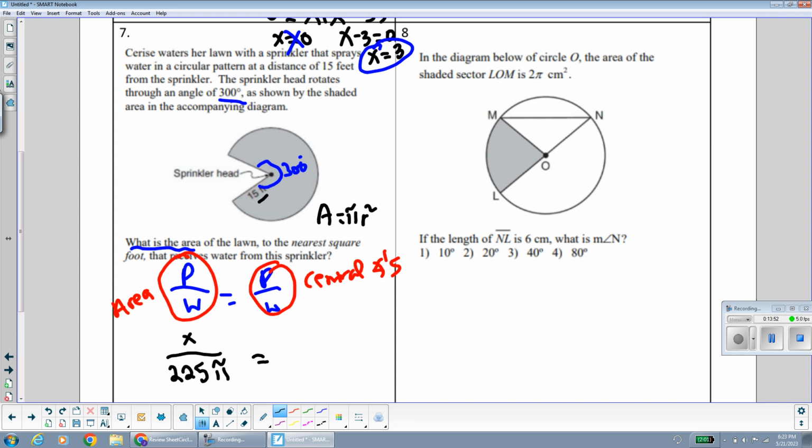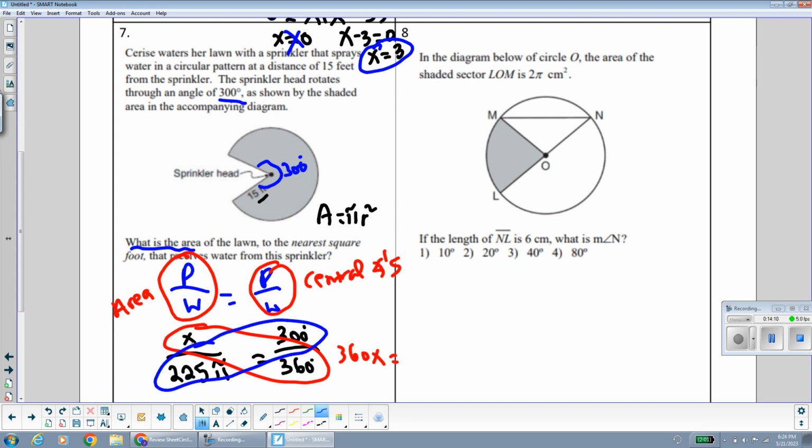The central angle was given to us. The central angle of the shaded region is 300 degrees, and our total of the central angles in the circle is 360 degrees. Cross multiply, we have 360x is equal to 300 times 225, 67500 pi.